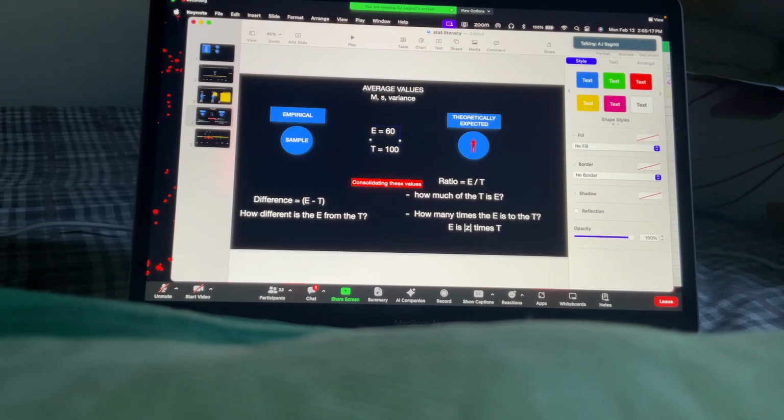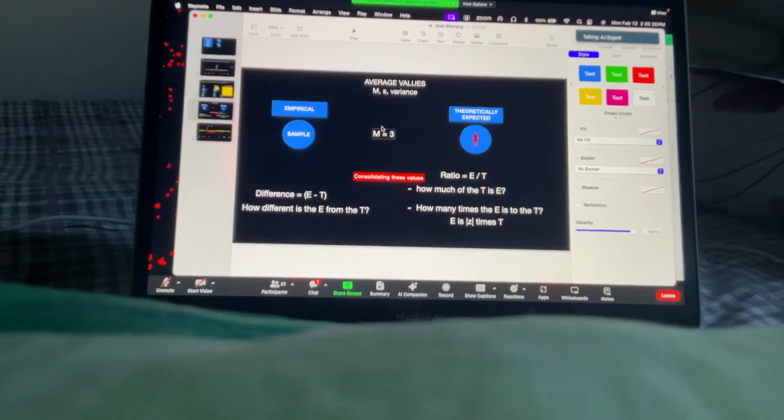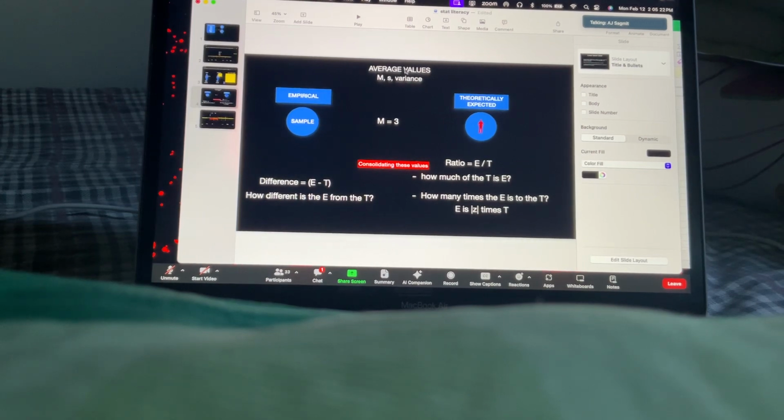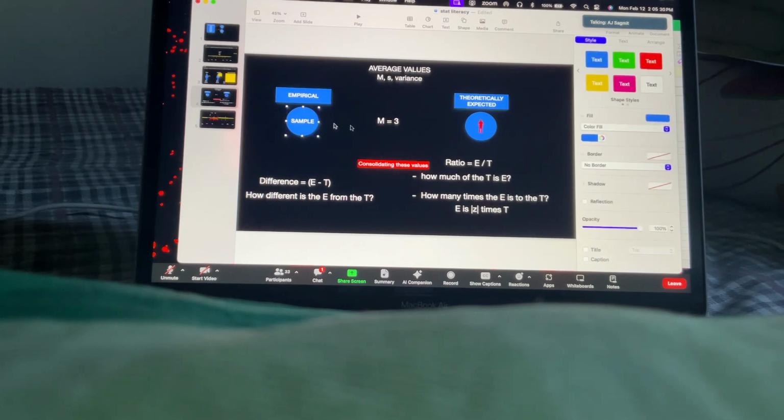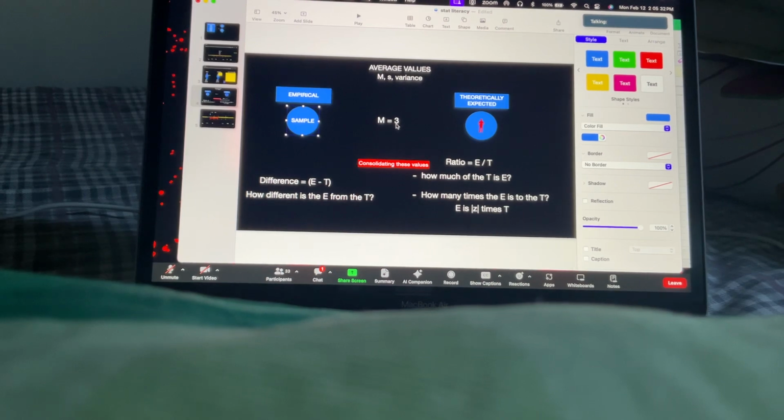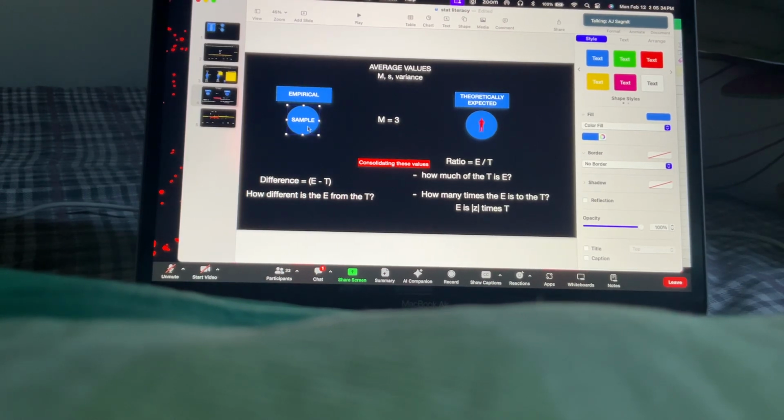Okay, so let's look at the mean. We said the average score that we empirically observed in a sample of DLSU site majors is 3. So we're saying that every DLSU site major, we empirically observe a score of 3.